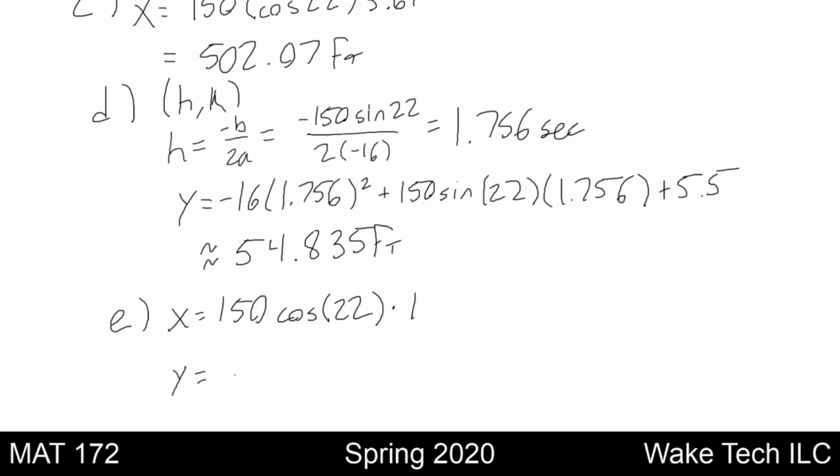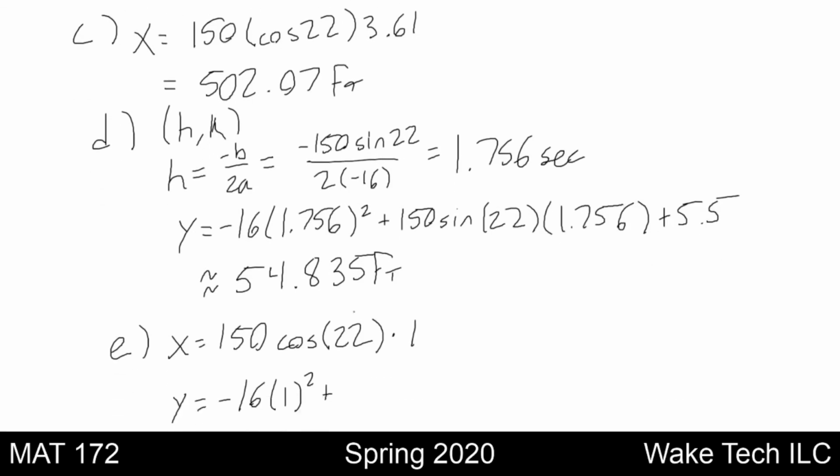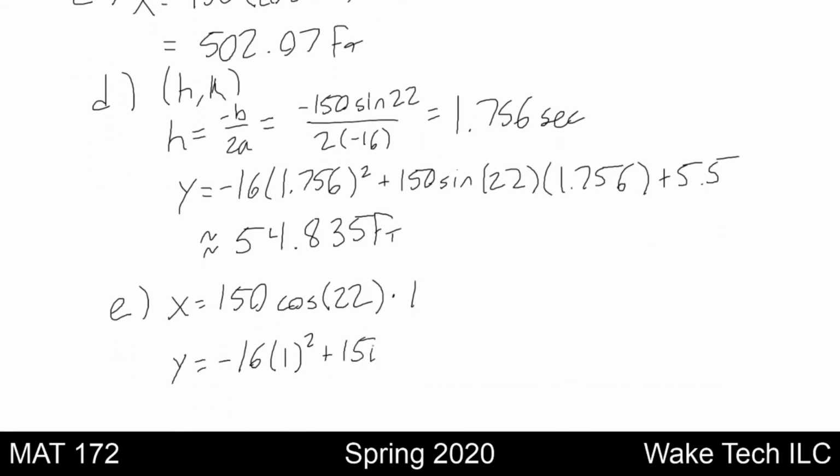And for y, we have negative 16 times 1 squared plus, I believe it was 150 sine 22 times 1, and then plus 5.5.